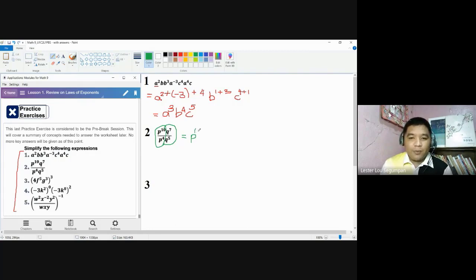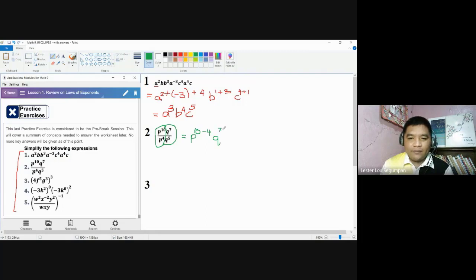It should be the exponent of the numerator minus the exponent of the denominator. Do not interchange them, because the rule states that the minuend for the subtraction is the exponent of the numerator, while the subtrahend should be the exponent of the denominator. That's for p. Now for q, you may do this just to separate them. It's up to you.